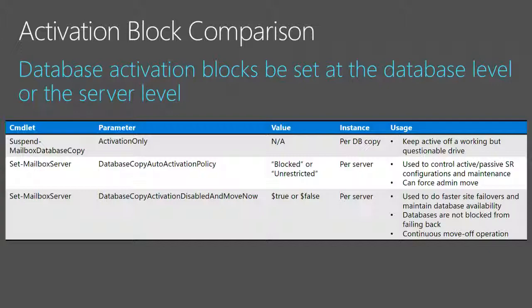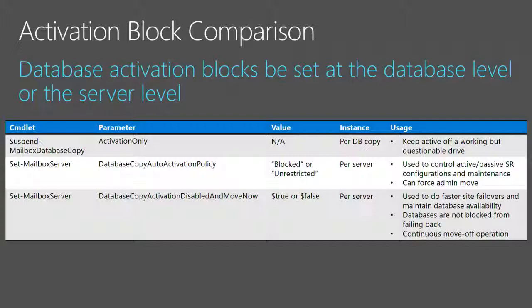One of the new things that we've done is we've given you a new parameter for Set-MailboxServer, DatabaseCopyActivationDisabledAndMoveNow. That is specifically for site resilience, and namely for site activations. This is the fastest way that we have for you to get databases off of a server and prepare for moving activity over to another site.